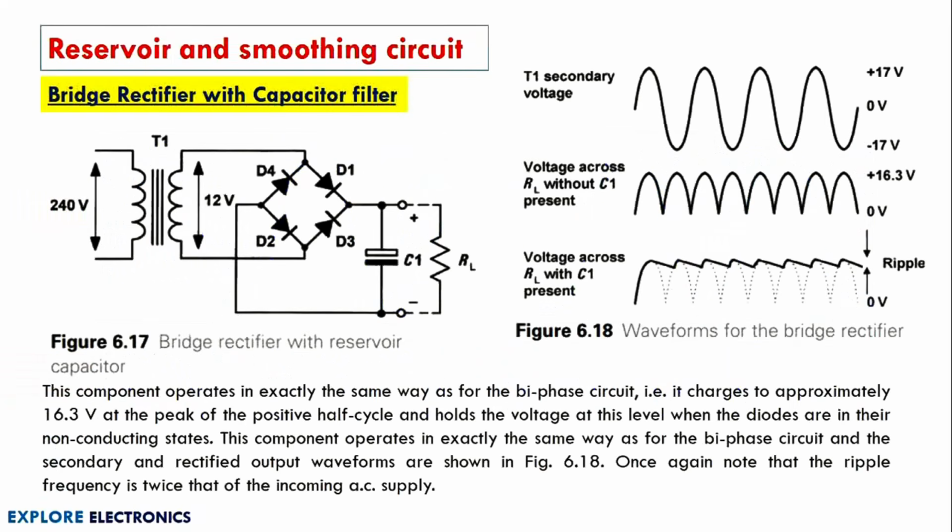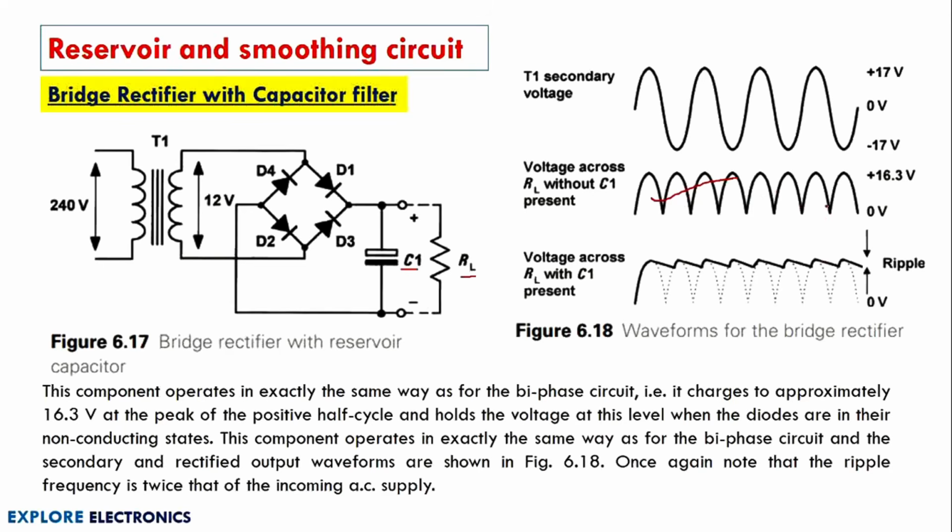To connect a capacitor filter or the reservoir circuit to a bridge circuit, it looks like this. Again across the load resistor we are going to connect a capacitor. This capacitor arrangement will reduce the amount of ripples present in the output. Without the capacitor we will have more AC component or ripples present.